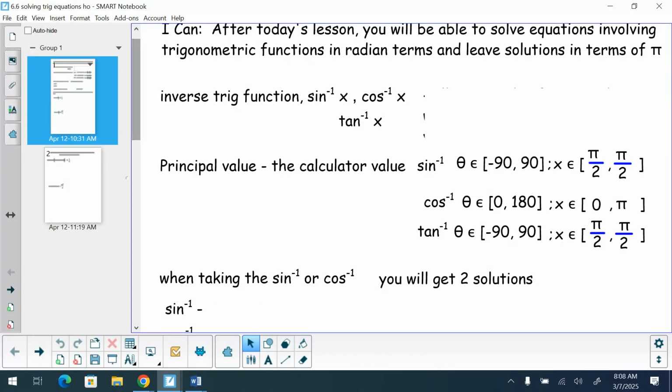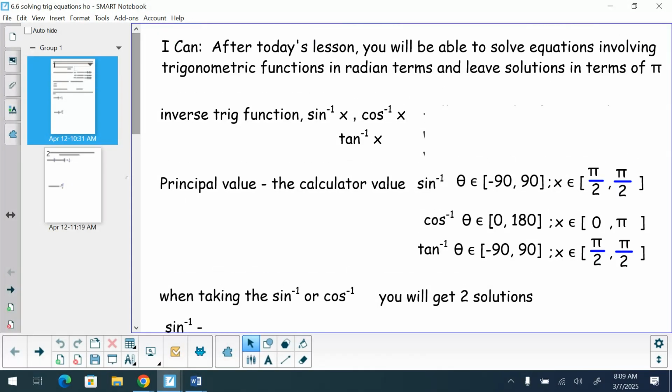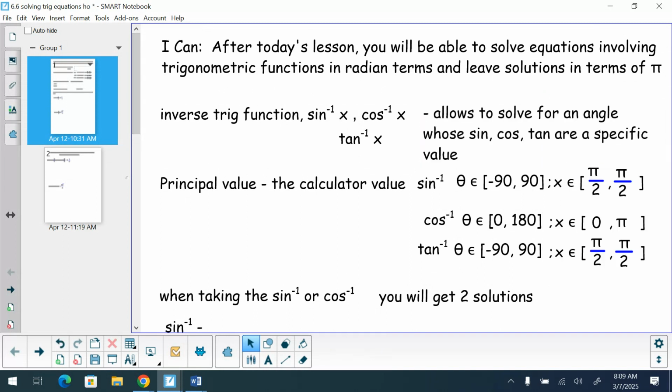When we're dealing with inverse trig functions, you have inverse sine, inverse cosine, inverse tangent. It allows us to solve for an angle. On our calculator, we can inverse any of our values. When we take the inverse of a value, we are looking for an angle.